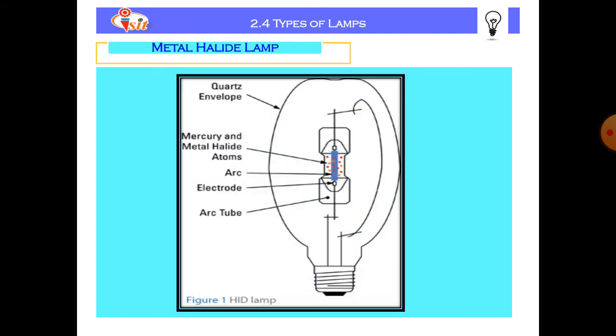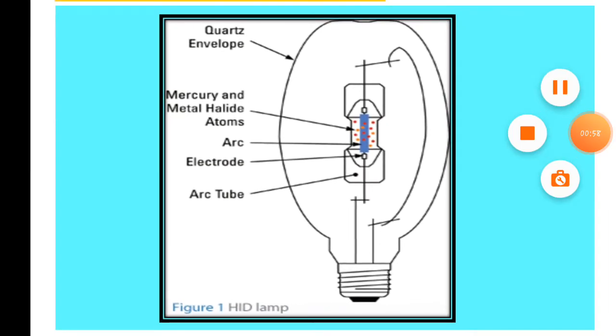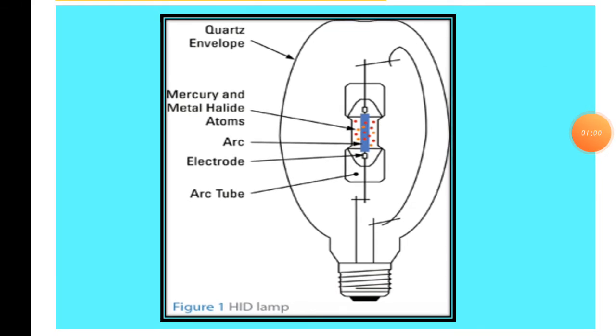This constructive diagram shows the metal halide lamp. It consists of a quartz envelope, mercury and metal halide atoms in the short arc tube, and the arc between the electrodes in the arc tube.